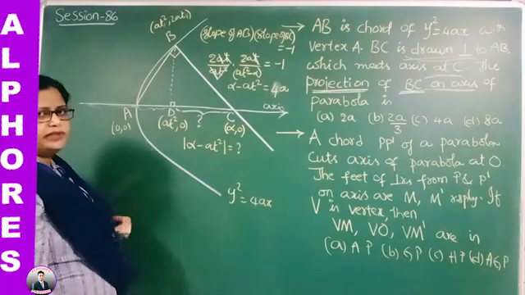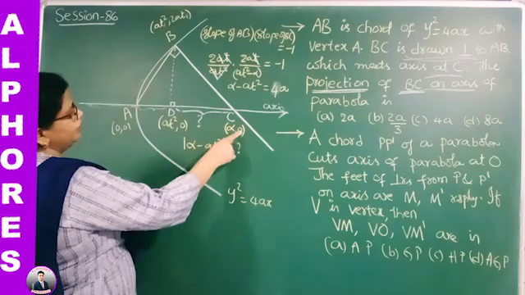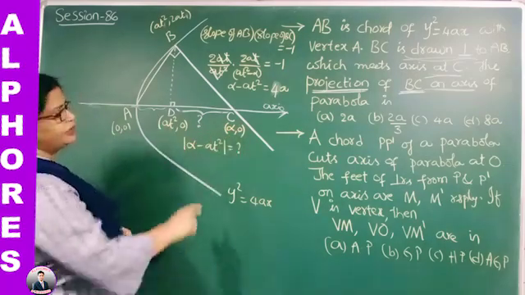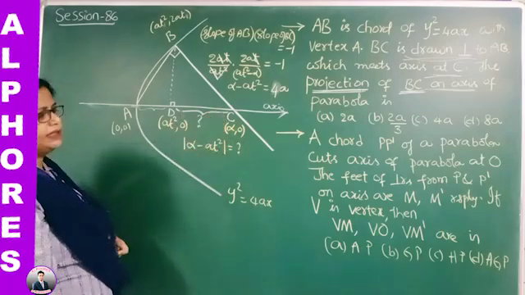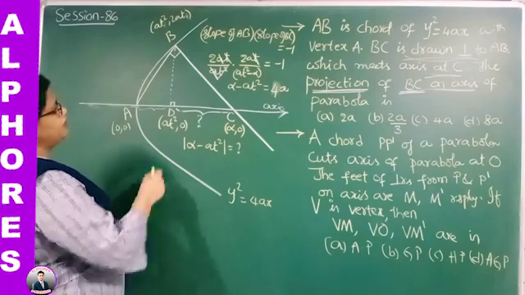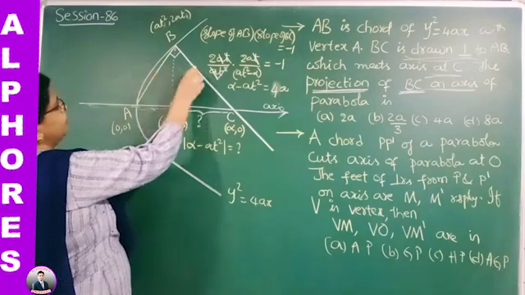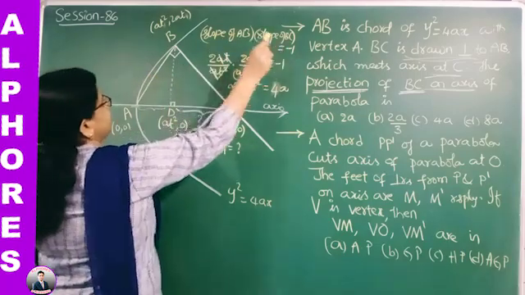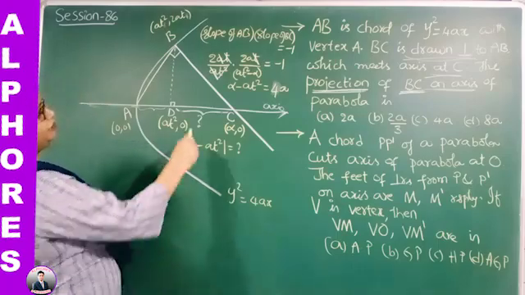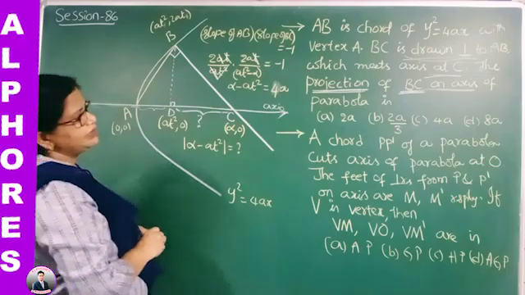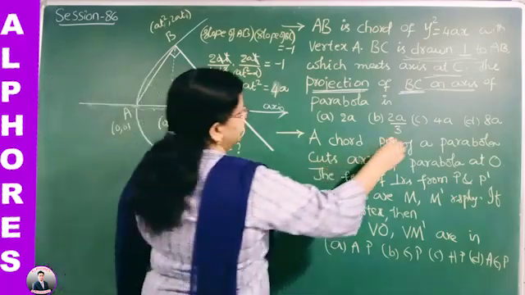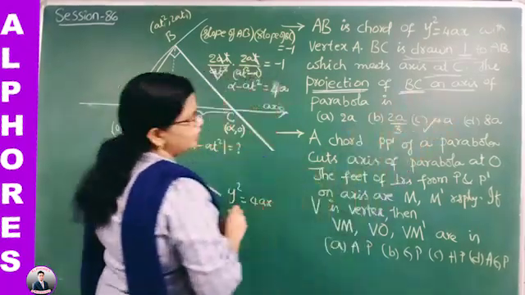Again we are making use of axis concept where ordinate is 0. So alpha comma 0, DC is nothing but mod of alpha minus at square. Again we have used here, these two are at right angle, therefore product of slopes is minus 1. And we used the slope formula, and thereby you got this result. So what is the answer, students, to this one? The projection is nothing but 4a.